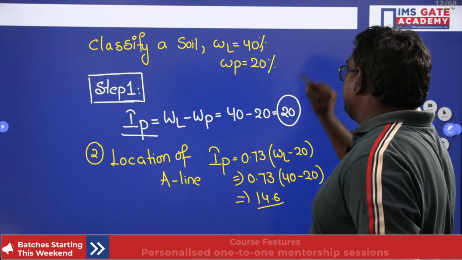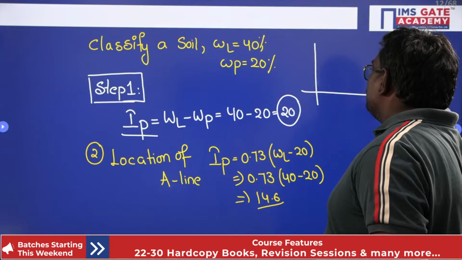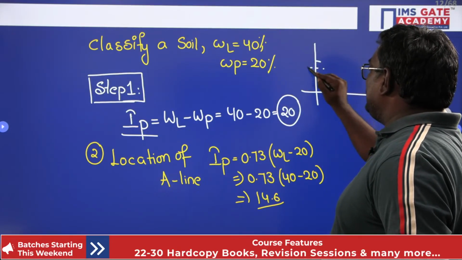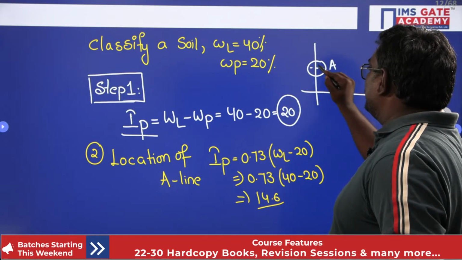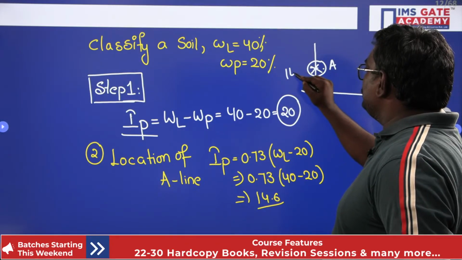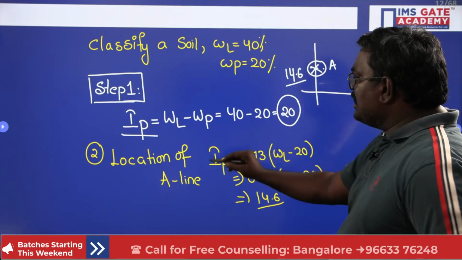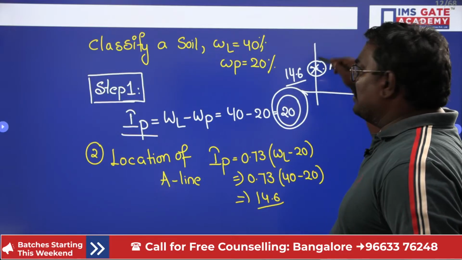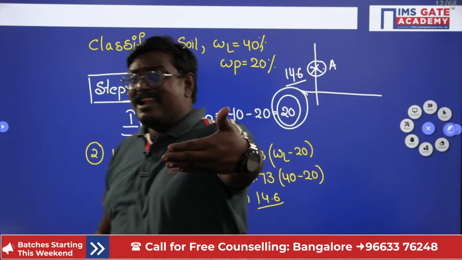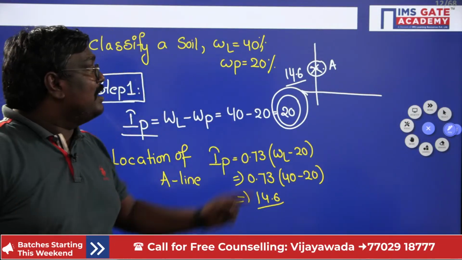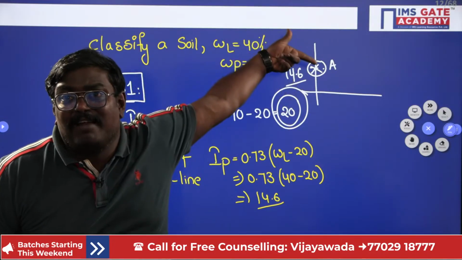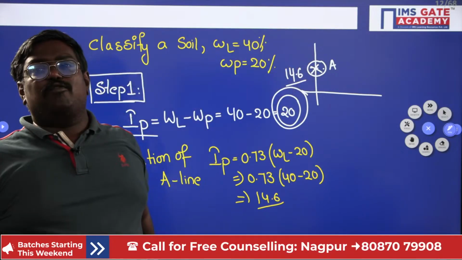So here if I draw the graph, the A line is at a location of 14.6. And where does this IP lie? Whether it is lying above the A line or below the A line. Whether the 20 value is more than 14.6 or less than 14.6.